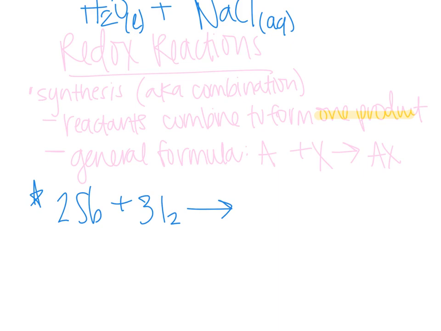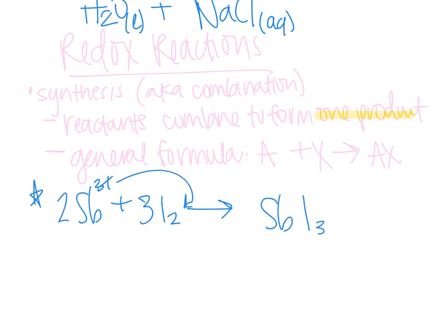We just combine them, so it would yield Sb, since that's our metal, and I3, because the charge of antimony over here is 3 plus, so that crisscross method comes down.